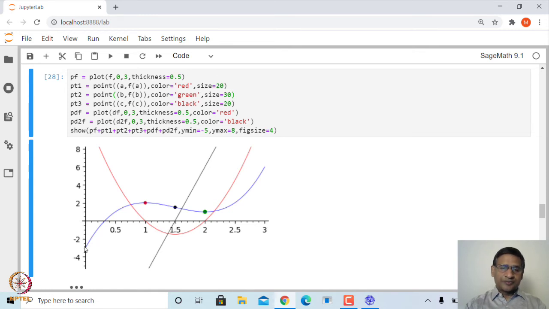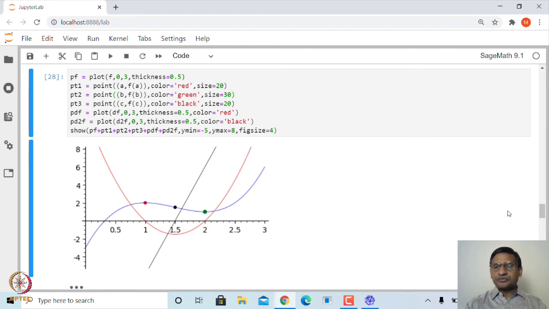And also the first derivative is negative from minus infinity to 1. So, when the function is decreasing from 1 to 2, the first derivative is negative. And after 2 it is positive, therefore the function is increasing.